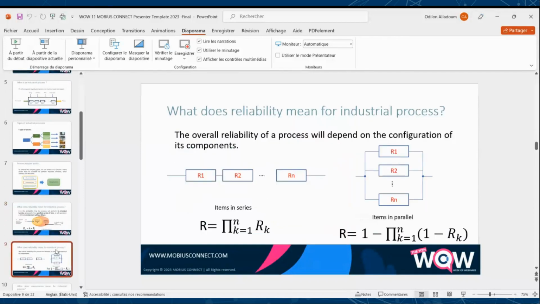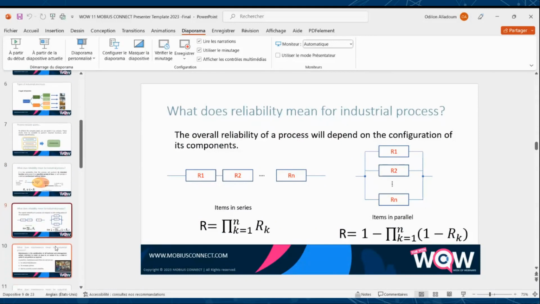Now, how can we calculate the reliability of a system? In a process, the configuration may be in series or in parallel, or a combination of series and parallel. In a series configuration, systems or components are arranged in series. If any one of the systems fails, all the system fails. The Achilles heel of a series configuration is its weakest component.